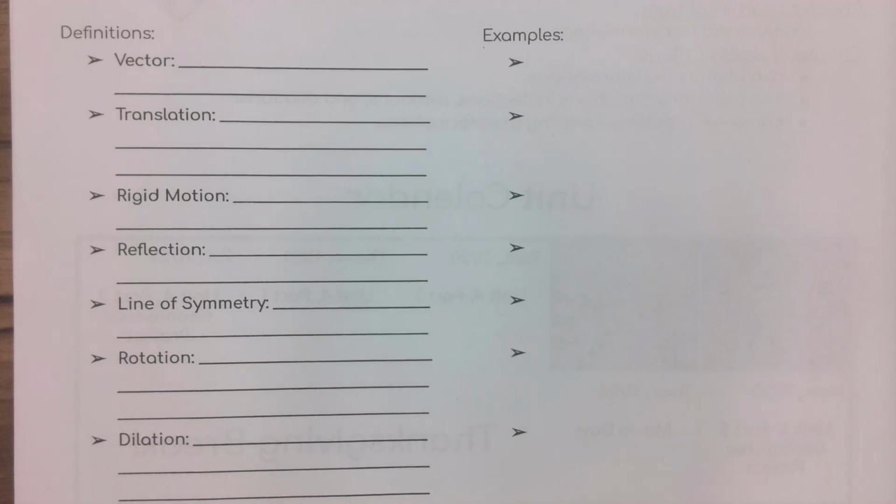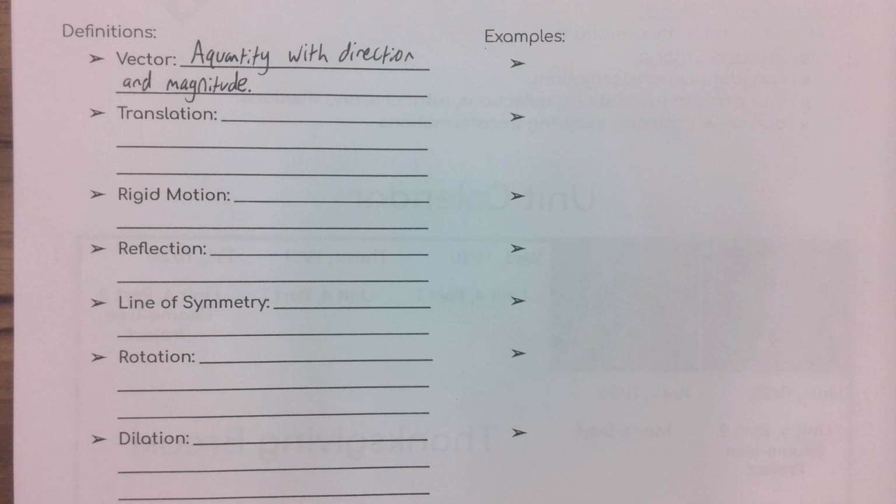To start off, we'd start talking about a vector. A vector is a quantity with direction and magnitude. If you've ever seen the movie Despicable Me, you can think about the villain, Vector.